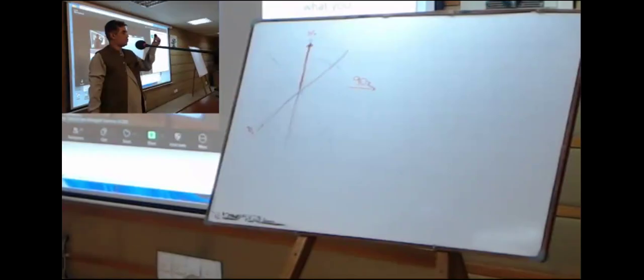So this proton will take this direction, and this pulse is coming like this. To where will it go?